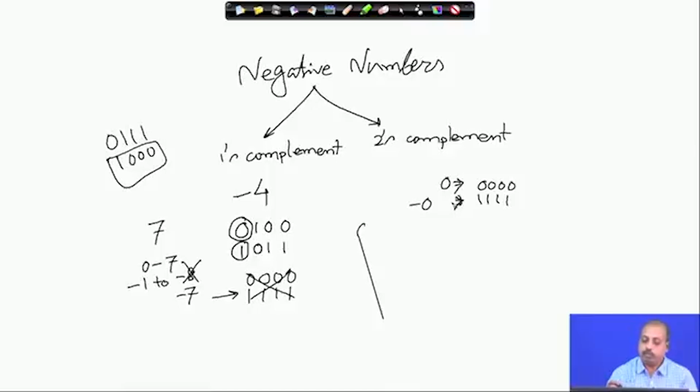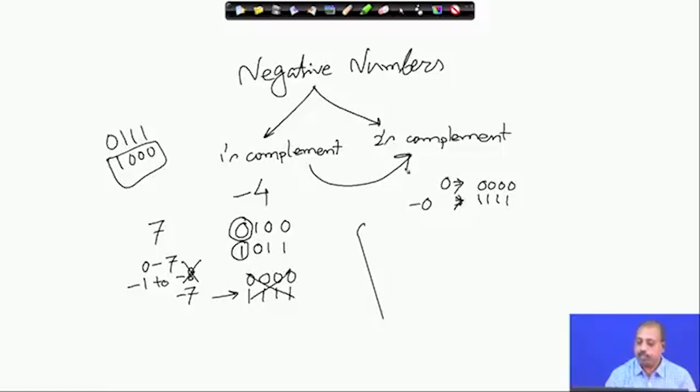Because of this, we went for another representation which is known as 2's complement representation. In 2's complement representation, after getting the 1's complement representation, we add 1 to it.